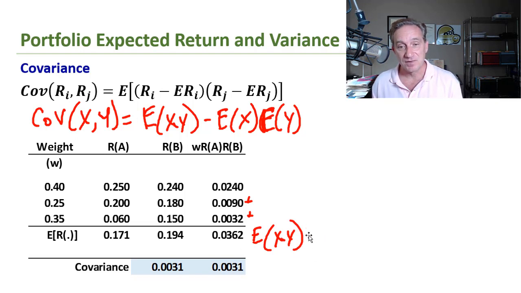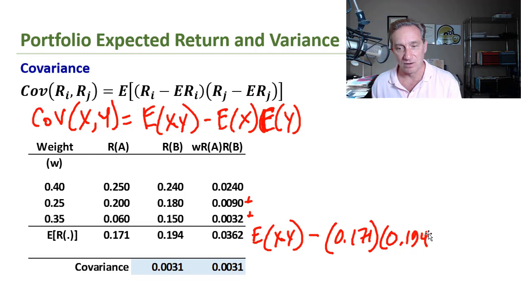And then all I need to do is subtract from this the 0.171 multiplied by the 0.194. See, that's my expected x and expected y, the analogs here.